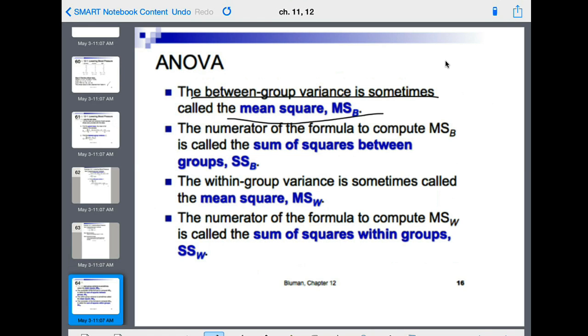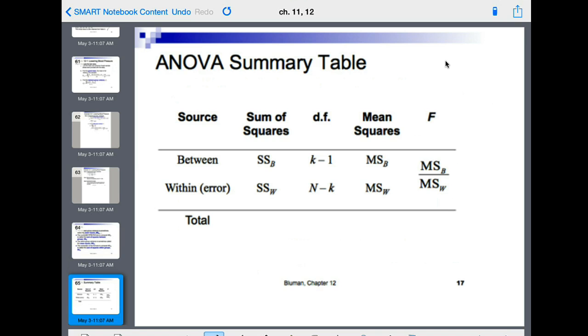And the numerator to compute the mean square within is called the sum of the squares within group. So between, sum of the squares between divided by the degrees of freedom, we're going to get the mean square between. Within, sum of the squares within divided by n minus k, number of values minus k. We'll get us the mean square within, and if we divide that out, we're going to get our value.